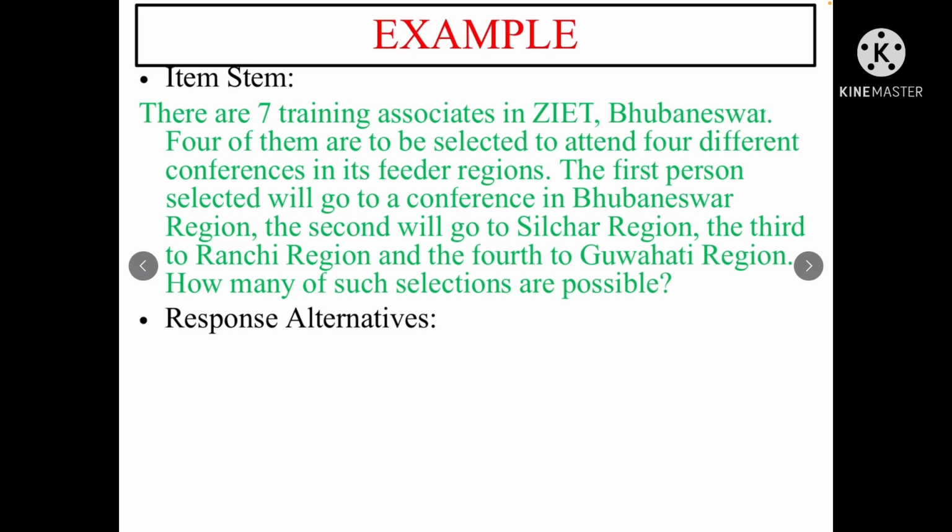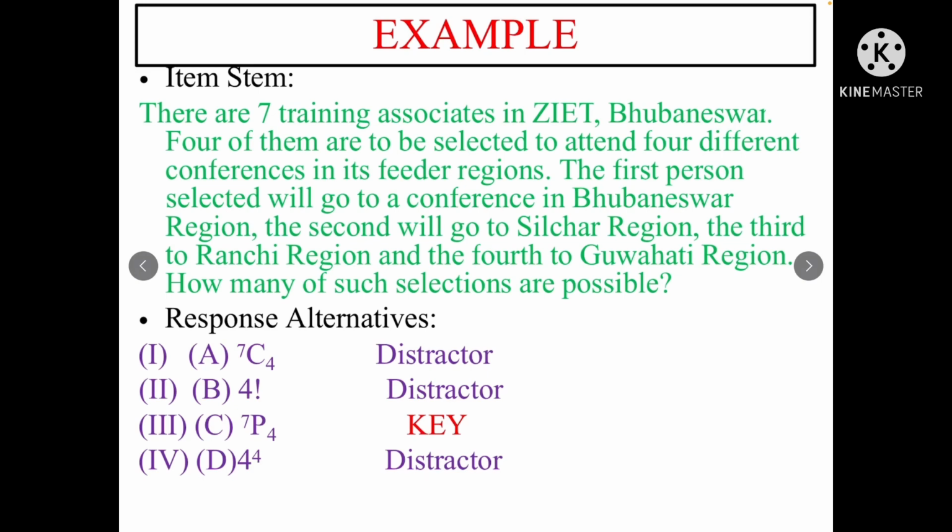How many of such selections are possible? So this is called your stem. Now the alternatives are: number 1, 7C4, 4 factorial, 7P4 and 4 to the power 4. Here the correct one is 7P4, that's why this is called key, and the other alternatives are called distractors.